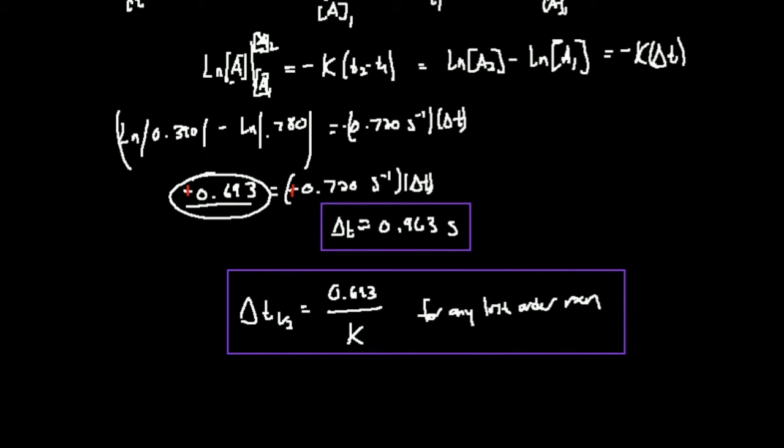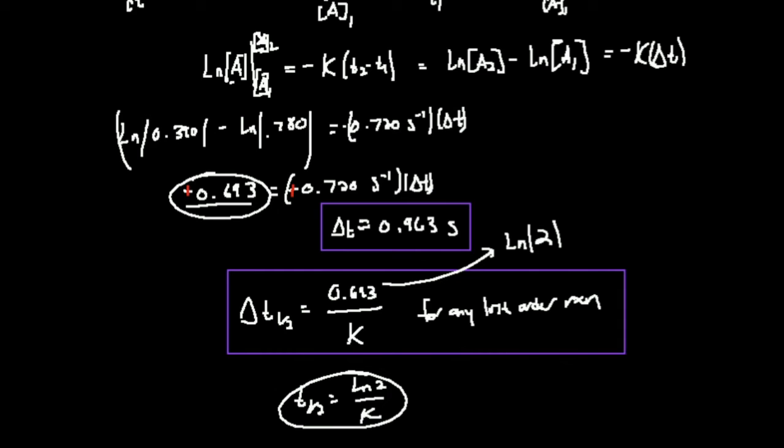Also note that this 0.693 is exactly equal to, if you include all the decimal points, the natural log of 2. If you plug natural log of 2 into your calculator, you're going to get exactly this number. So another way of writing this is the half-life for a first-order reaction is going to be natural log of 2 over the rate constant.